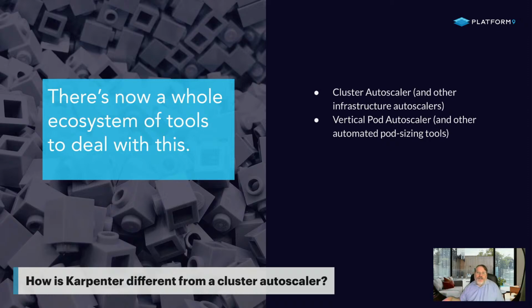What Carpenter does is it skips all that and it says, all right, what I'm going to do is I'm going to look at the pods that need to schedule right now. And then I'm going to provision a node, not scale up a node group. I'm just going to straight up provision a node that is the appropriate size to let that pod schedule.